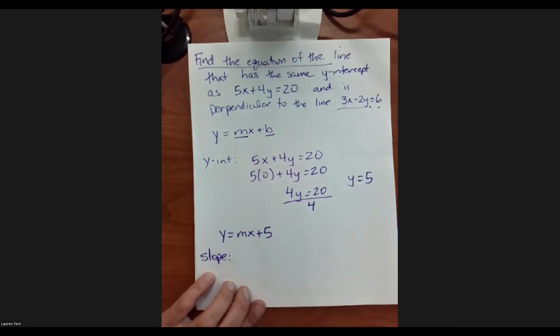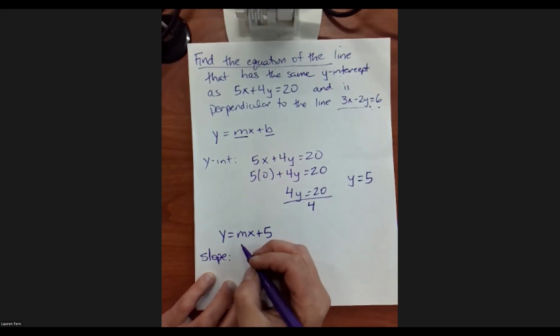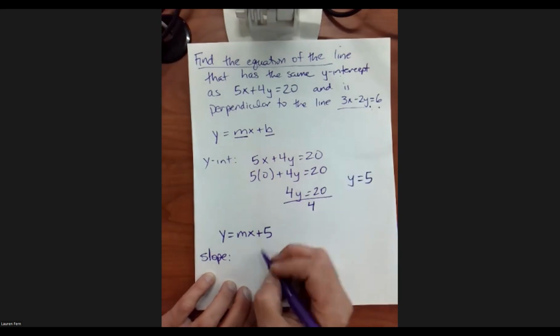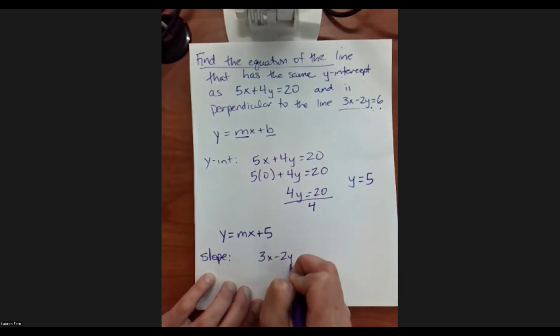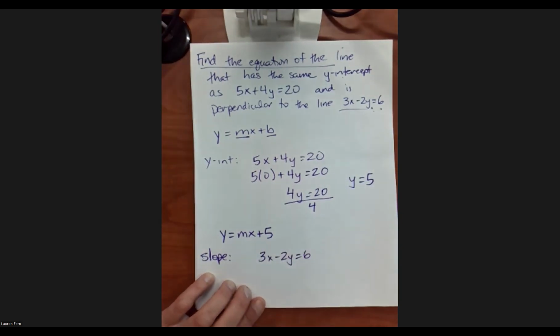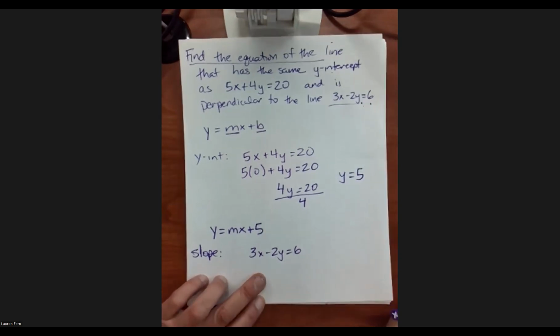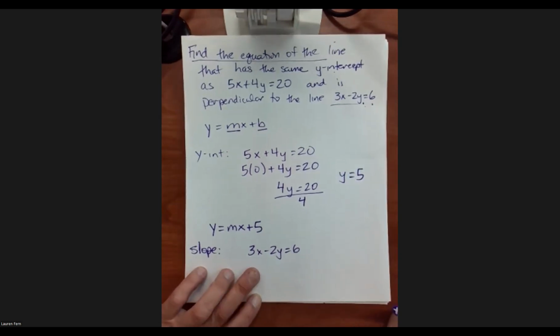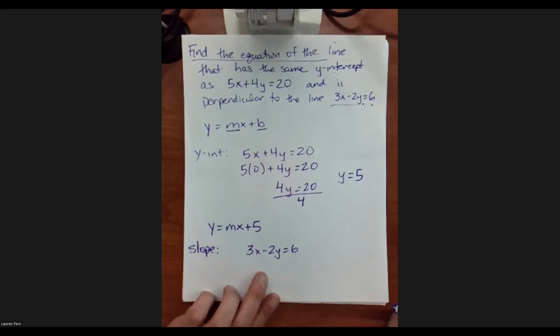Remember, perpendicular lines, technically it's called opposite reciprocals. Pragmatically speaking, it's change the sign and flip it. So what we need to do is find the slope of this line. The most natural way for me to find the slope of this line is just to get y all by its lonesome. So how would we solve this for y?